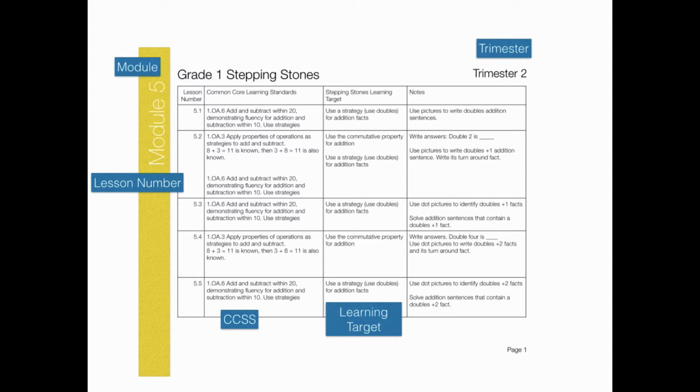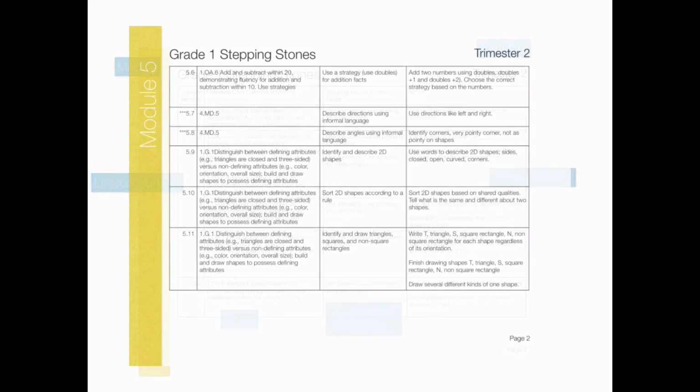It identifies the learning target for that lesson. And it provides some brief notes or information about what students are expected to know and do. All of this information is available in the Stepping Stones, but it's in each individual unit. And so this basically takes all the modules and provides you that information in one document.